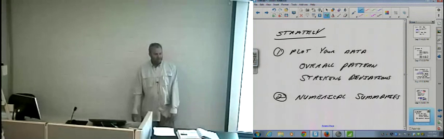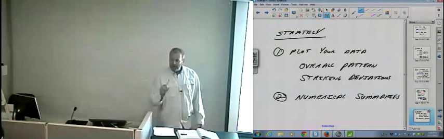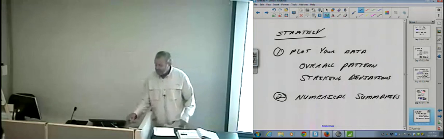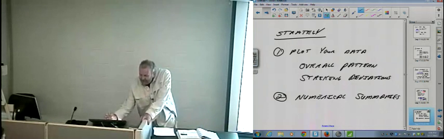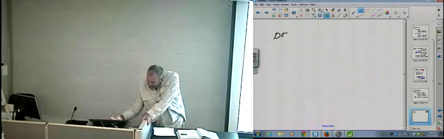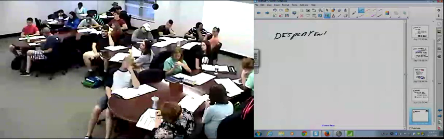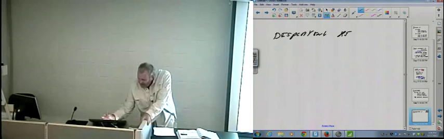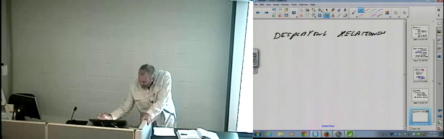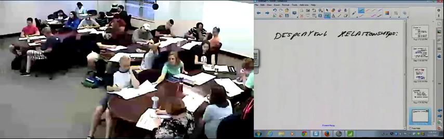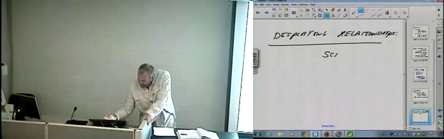Let's do some calculations. Now, there's only one graph this time. So when you think about picturing or displaying relationships, or if you like, associations, our graph is called a scatterplot.